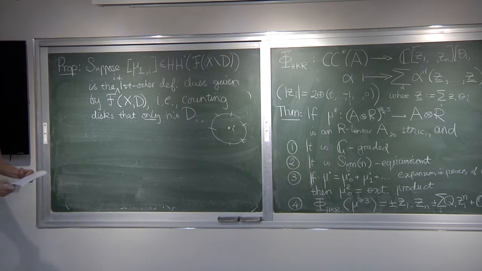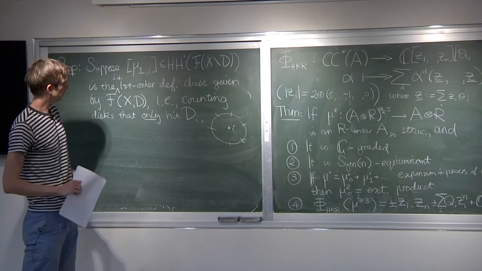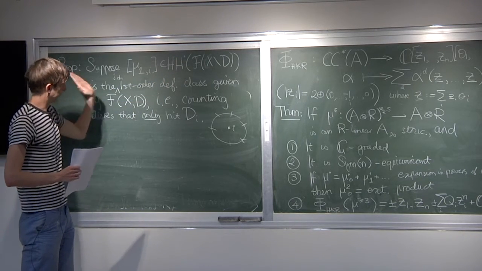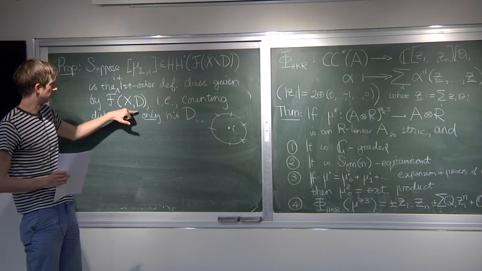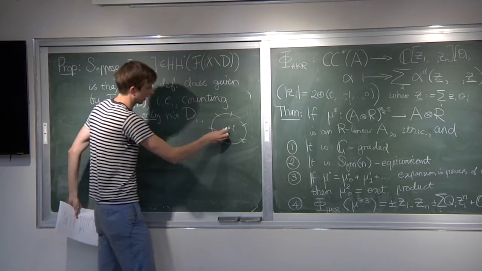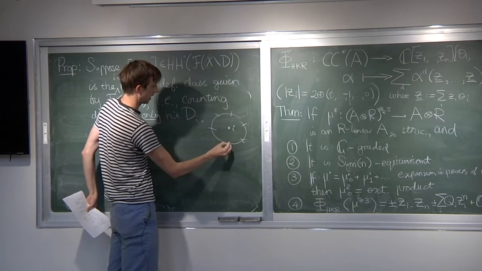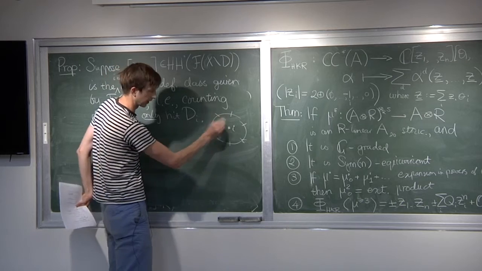Suppose we've got this class in Hochschild cohomology. That's the first order deformation class of our relative Fukaya category. That's given by counting disks that just hit divisor Di and no other divisors, and only hit it once.